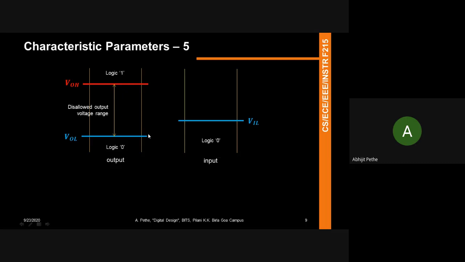I can tolerate this much voltage noise at that node and still not lose the meaning of a low. Similarly, if I look at VIH, the advantage of TTL logic is my VIH is much less than VOH. And therefore, even if the voltage at the output drops further due to some random noise event, as long as it doesn't drop below VIH, my input at the next gate will treat it as a high, right?